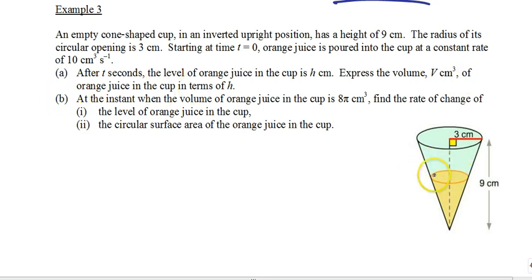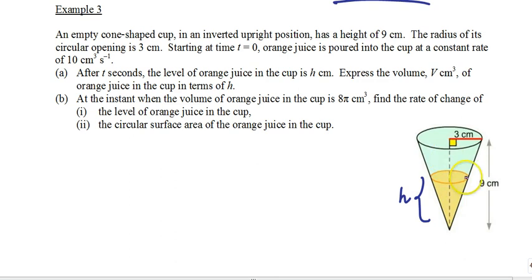So let's look at this diagram here, assuming that this is the amount of orange juice that is poured in after t seconds. And you're told that the height is h cm. Now, how would you find the volume of the orange juice? If you look at the diagram, the volume of the orange juice is in the shape of a cone, right?